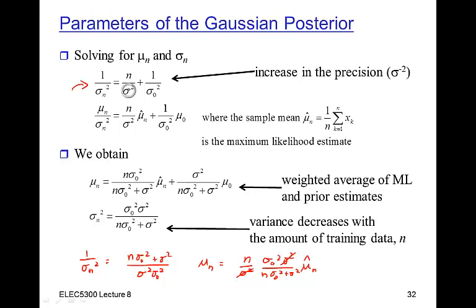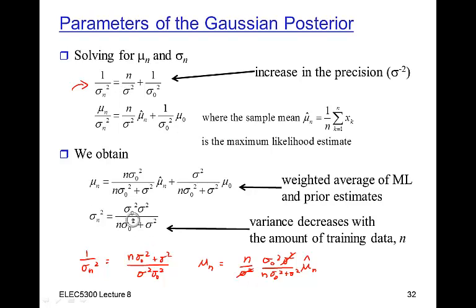Right? So if the Gaussian variables have very small variance, then most of them are going to be close to the mean, and so I should be getting a lot of information about what the mean is. If sigma squared is very large, then most of them are scattered all over the place, and I don't really get that much. So the precision here increases with the amount of data I get, but also depends on how scattered that data is about the mean.